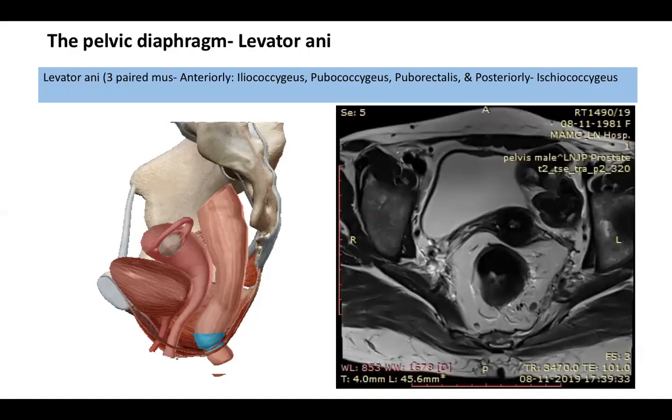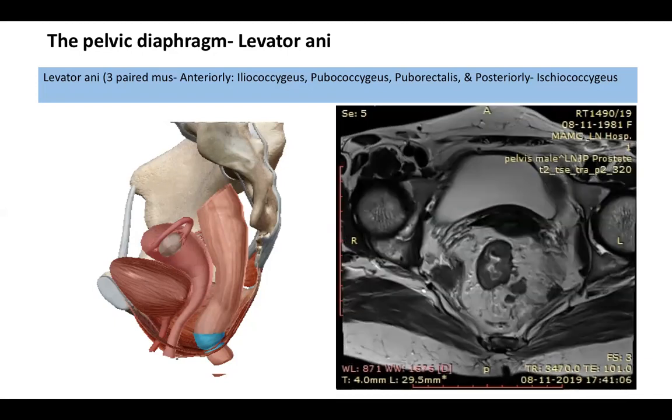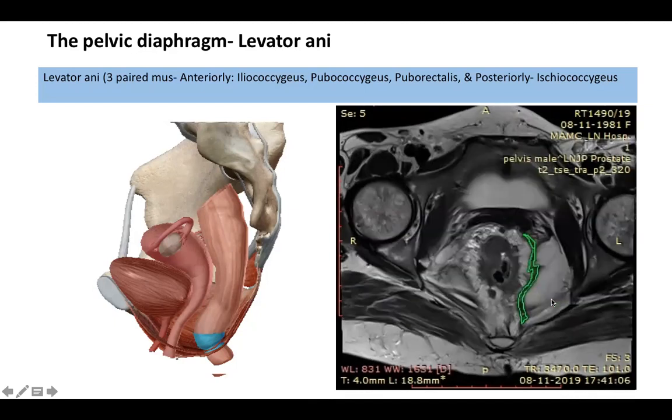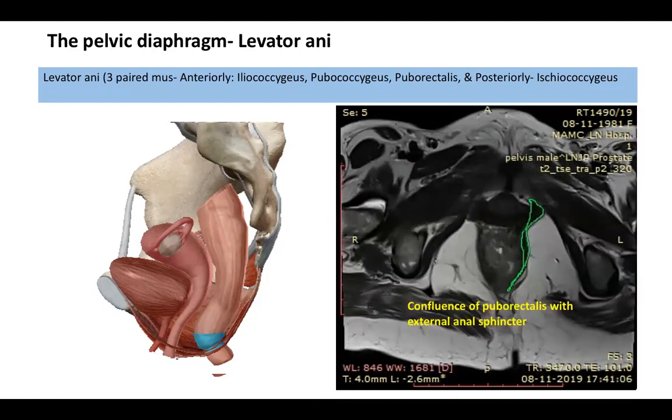If we look at where we can visualize it on an MR, as we go down, this is what we were talking about. This would be the major muscle, the iliococcygeus. Further down, we would be seeing the pubococcygeus and the puborectalis. Both of them join together and insert into the external anal sphincter.